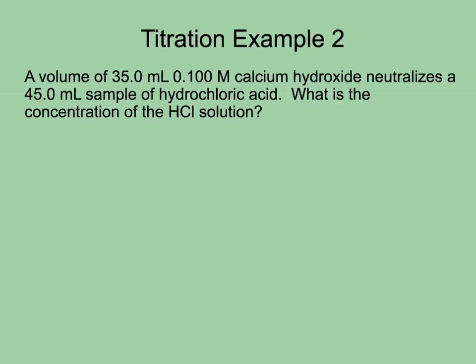First step, let's write our equation. So calcium hydroxide is ionic. Calcium is 2+, hydroxide is OH minus. So it's Ca(OH)2 plus HCl yields.